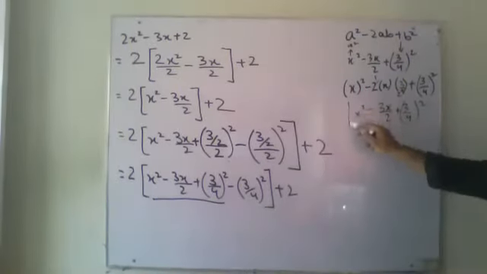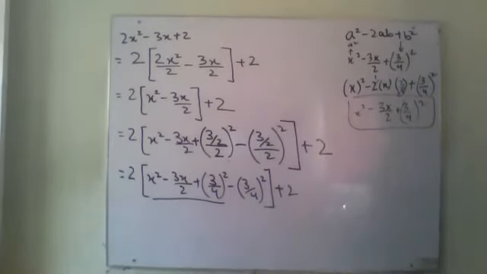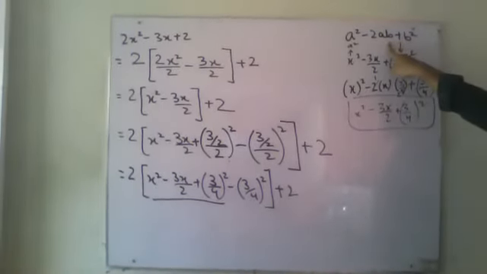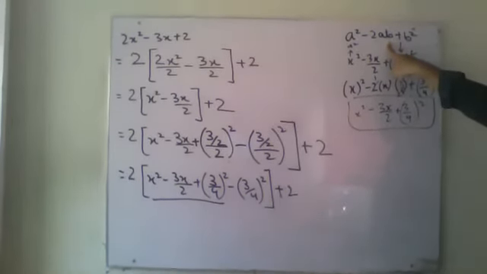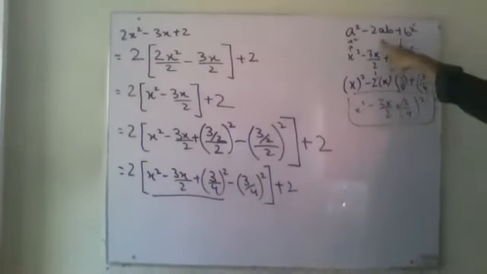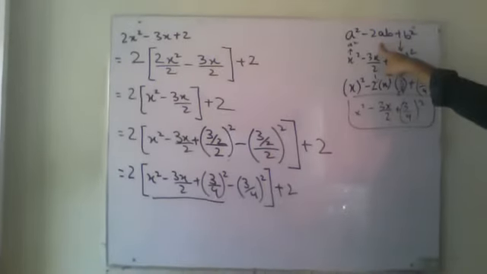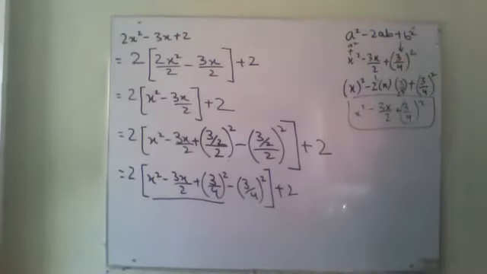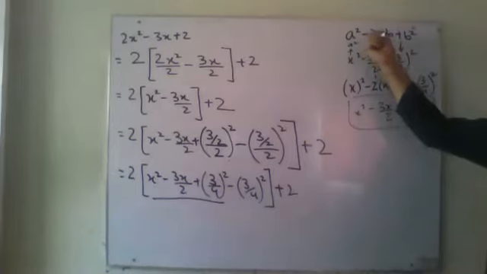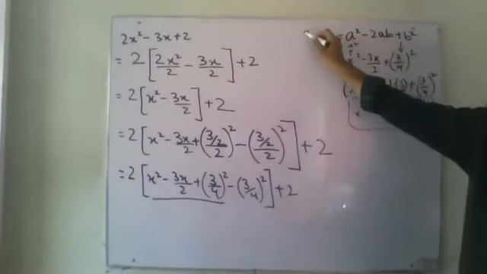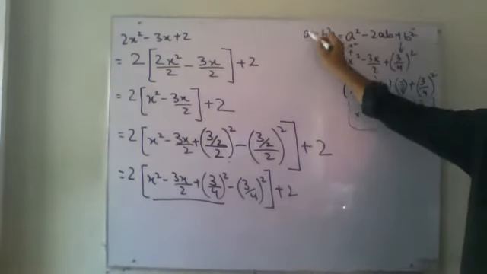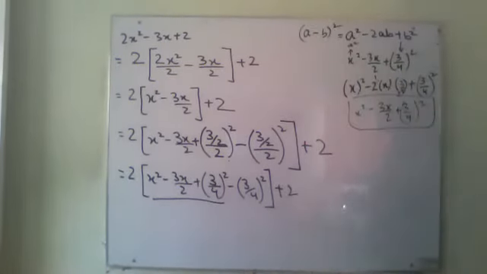It means this expression is in the form a square minus 2ab plus b square, and I know that a square minus 2ab plus b square equals a minus b whole square.